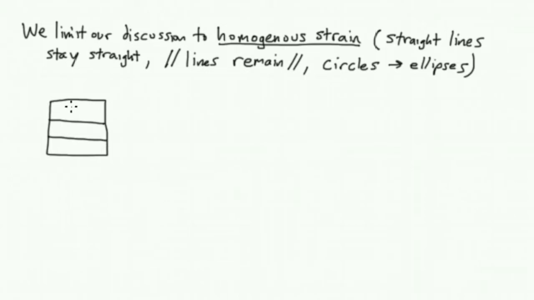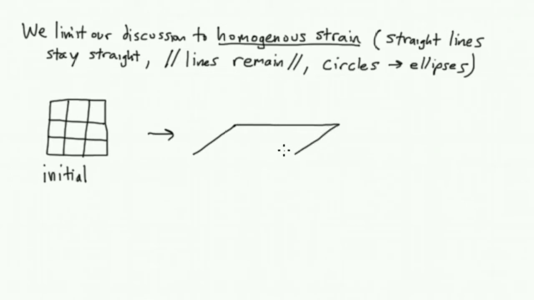It's got like a grid on it. This is the initial condition. And in homogeneous strain, one example would be to sort of squash it and shear it.